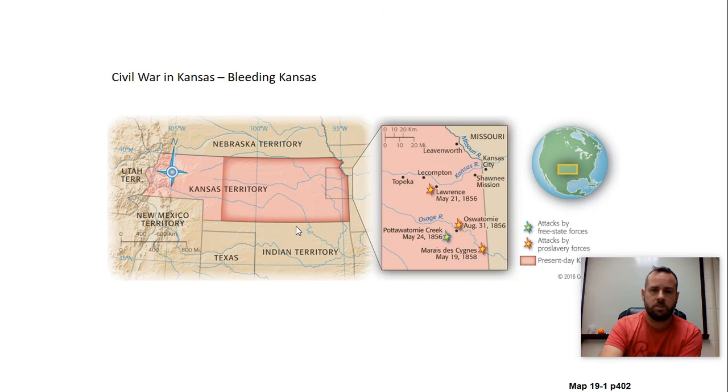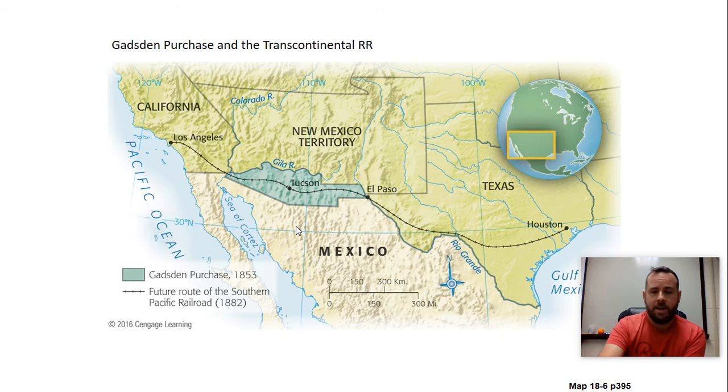So, for example, instead of the southern route, he wants it to run from up here, about San Francisco, straight across the middle of the country and reaching over to Illinois, locking in, instead of in the Gulf, in the Great Lakes.